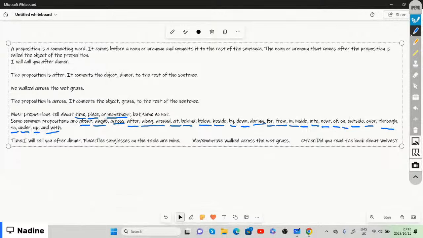So these are some of our common prepositions, the words that I just mentioned and the words that I underlined, as you can see on the screen. And we said that most prepositions tell us about time, place, and movement.